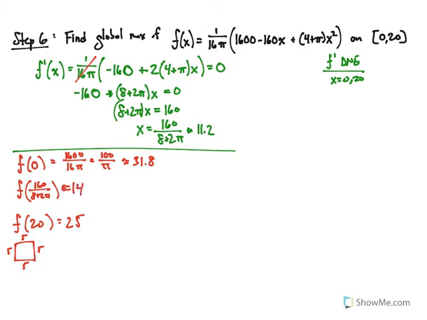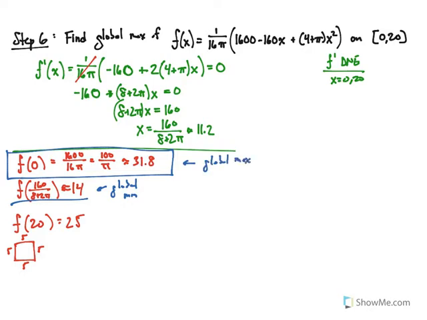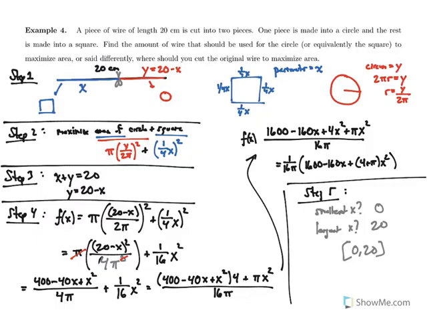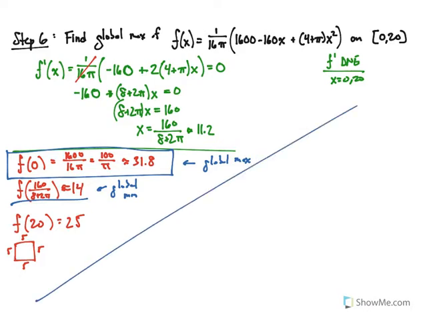So actually, the special point we found was the global min. And our answer is going to be one of the endpoints, having everything be the circle. So the question asks, if we go back to the question, where should you cut the original wire to maximize area?